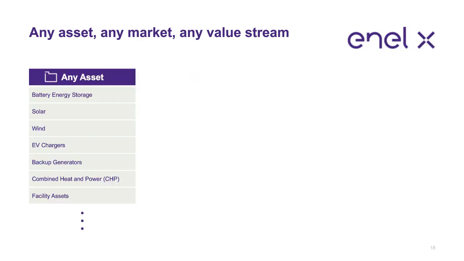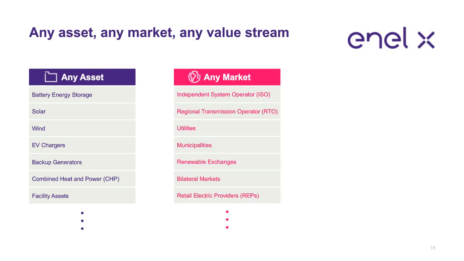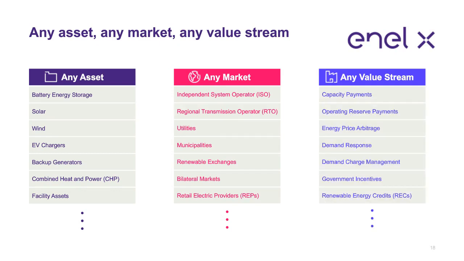And so we've spoken about assets, markets, and value streams as the 3 pillars of grid services. And so building on the previous slides, we've listed out some common and certainly not exhaustive sets of assets at customer sites, markets where the value can be created, and then specific value streams that can be monetized.